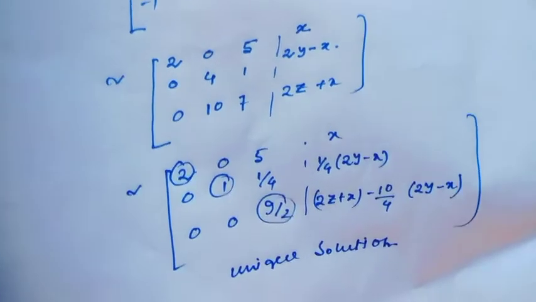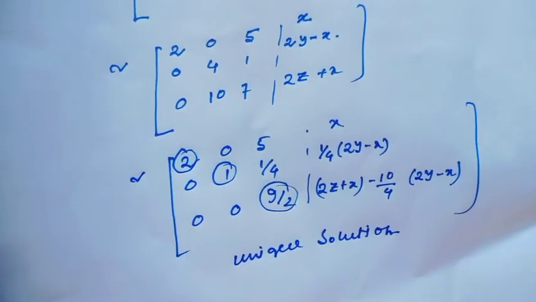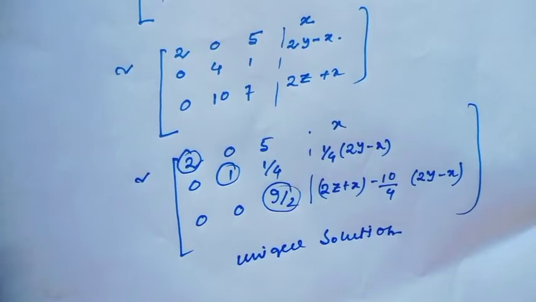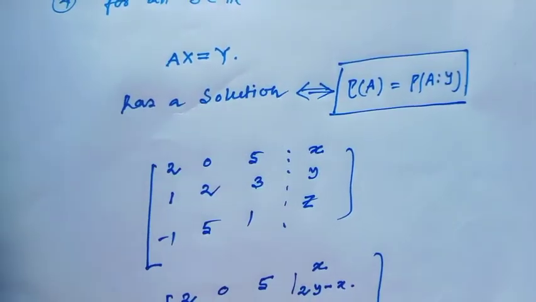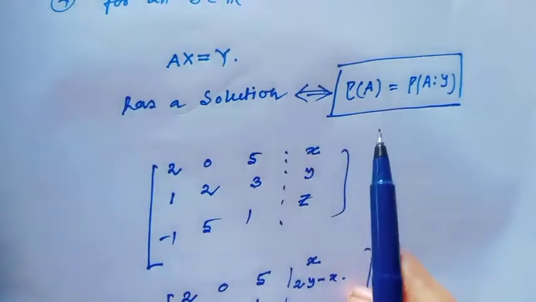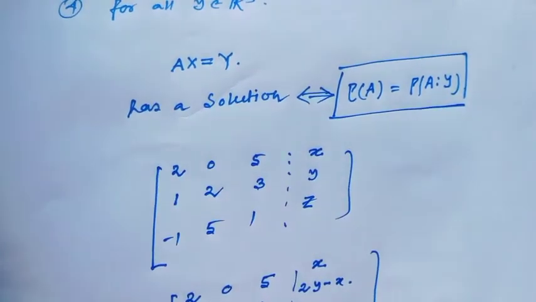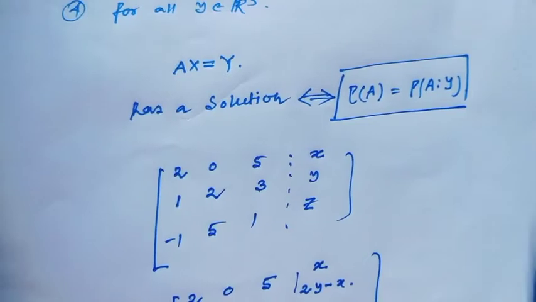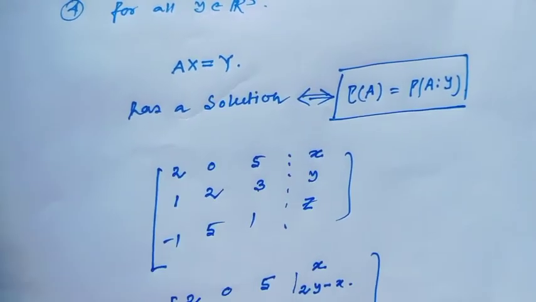Just recall, I have discussed this part elaborately in my previous video. We all know a system of equations has a solution when the rank of the matrix is equal to the rank of the augmented matrix.